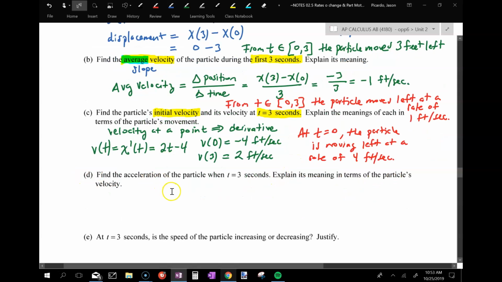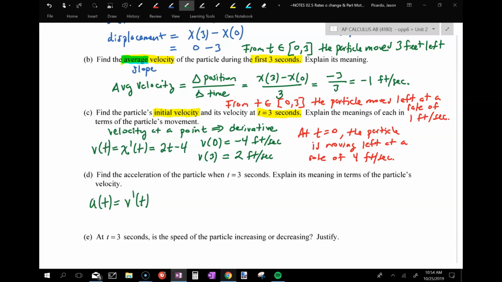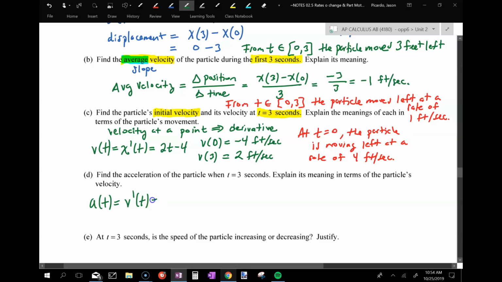Find the acceleration of the particle. Okay, what did we say acceleration is? Acceleration is an analysis of the change in velocity, right? So acceleration is the same as an analysis of the change in velocity, which is the derivative of the velocity. Well, if I take a derivative of velocity, then I've taken a second derivative of position.